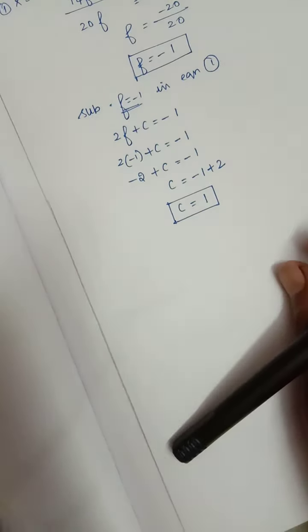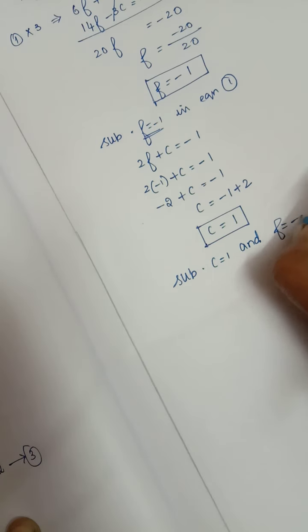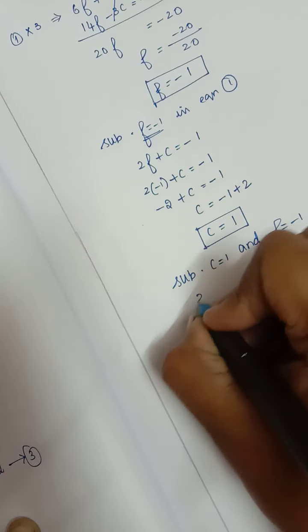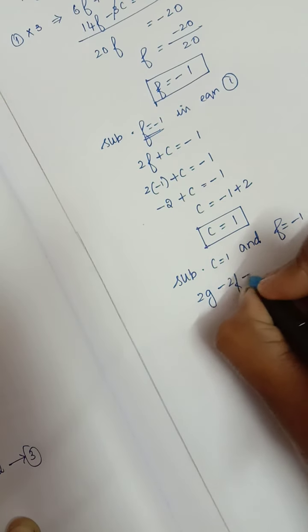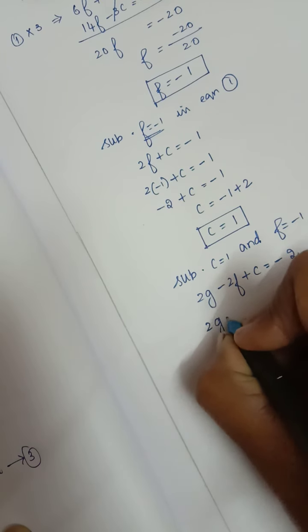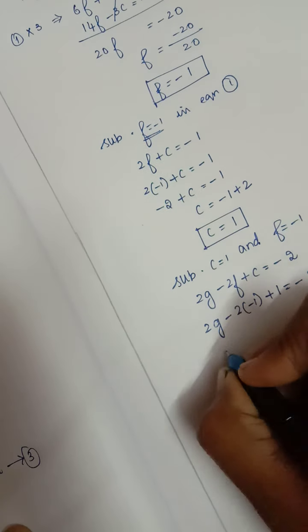So I am going to substitute in any one of the equations to find the g value. So substitute c is equal to 1 and f is equal to -1 in equation 3. So 2g minus 2f plus c is equal to -2. So 2g minus 2 into -1 plus 1 equal to -2.